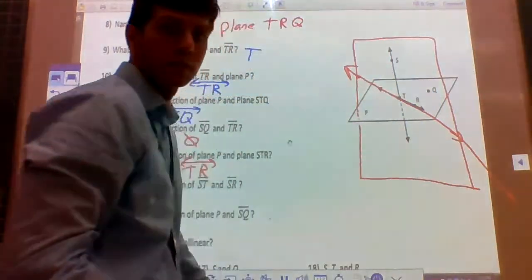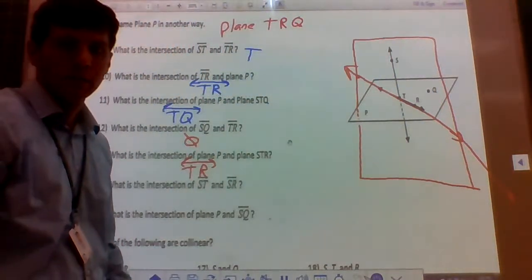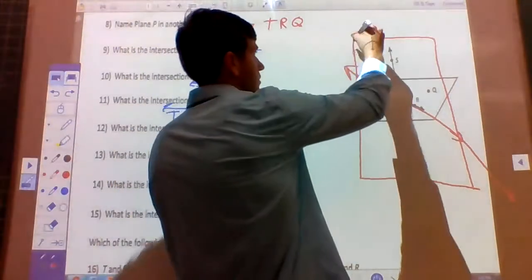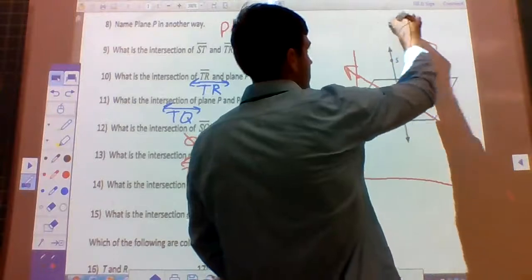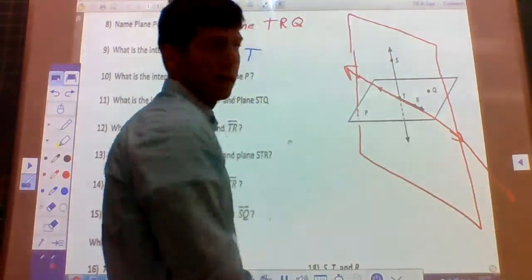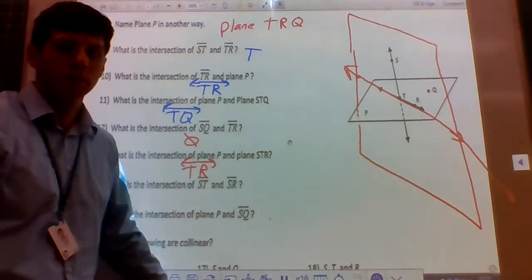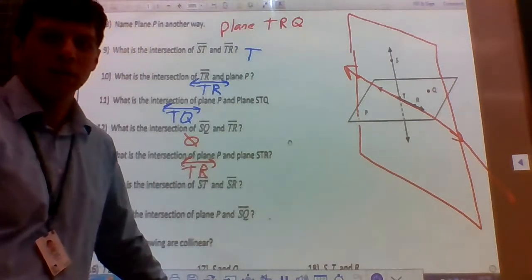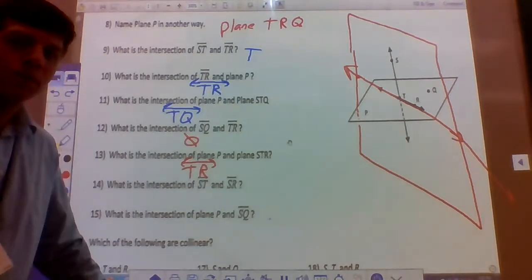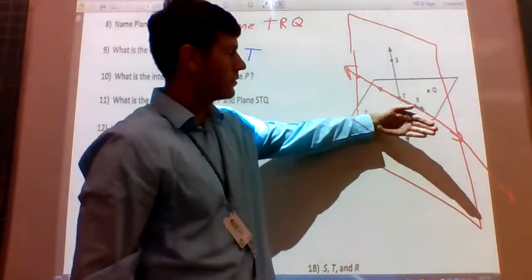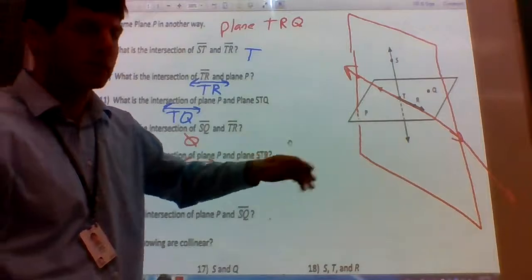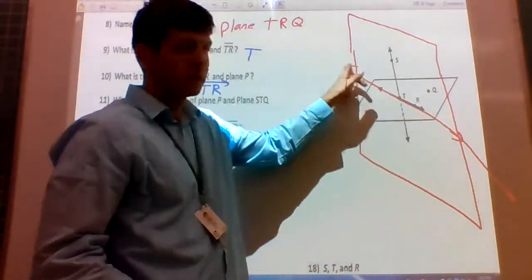And let's see how that looks. That looks okay, right? The plane is cutting up through. We really should have angled this. How's that? That looks pretty good. That looks really good. I did a great job after a couple of tries, right? So we can see the plane that contains S, T, and R is intersecting the plane P at the line TR.